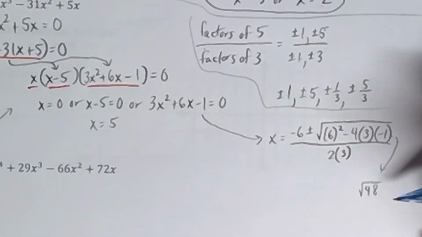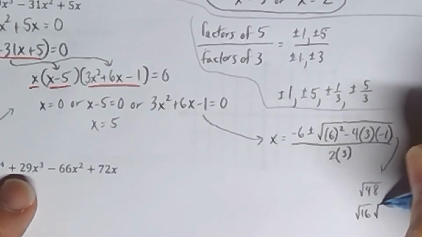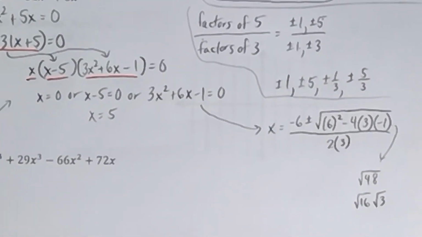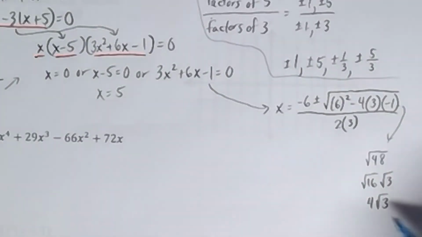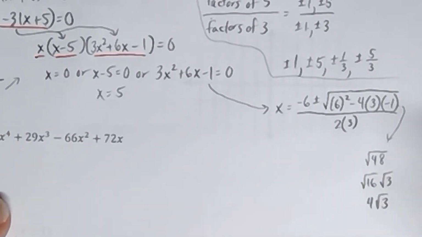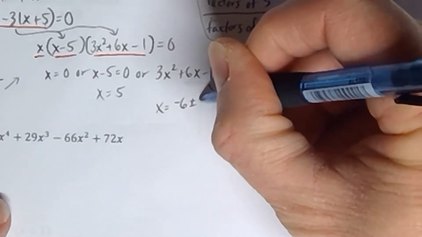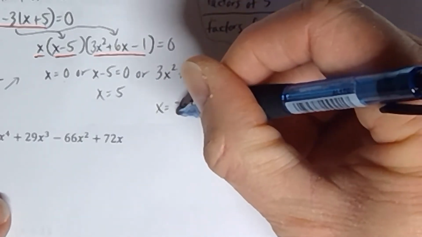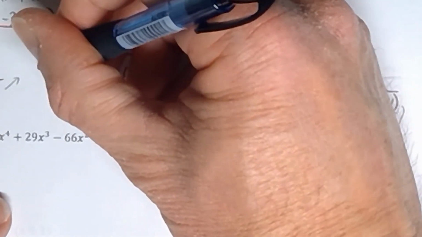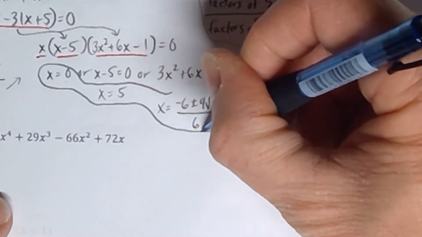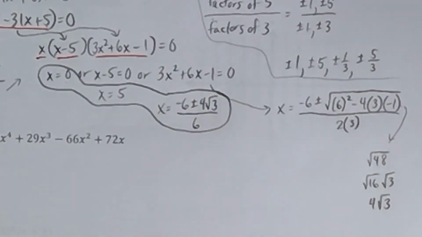And that simplifies down, if you simplify that radical, you can factor out a 16, as we reviewed in the prerequisite review packet, for radical 3. And so plugging that back in over here, we got x is equal to -6 plus or minus 4 rad 3 all over 6. The back of the book may simplify that answer even more. You don't have to do that. As long as you simplify the radical and the radical didn't go away, there's really nothing more that I require.